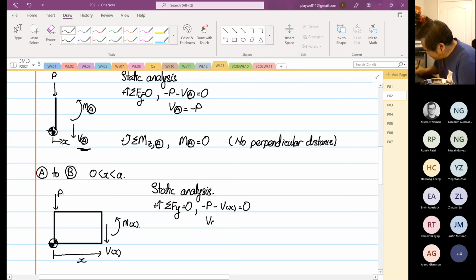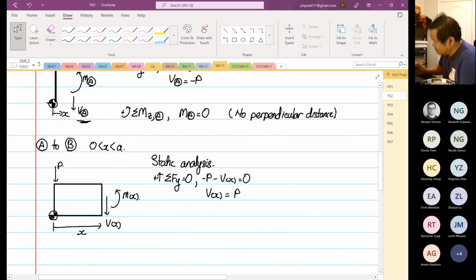So V as a function of x is going to be constant, it's going to be minus P. That's the expression. Remember, now it's V as a function of x. Then we do moment. We are going to do summation of moment in the z direction at point x equal to 0.